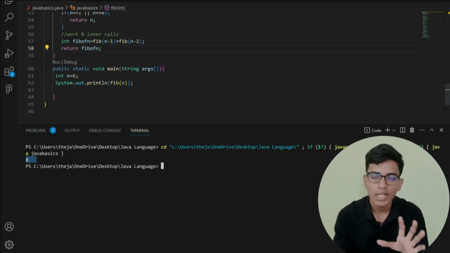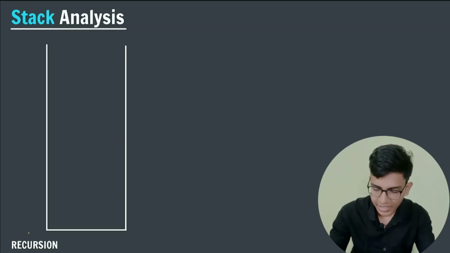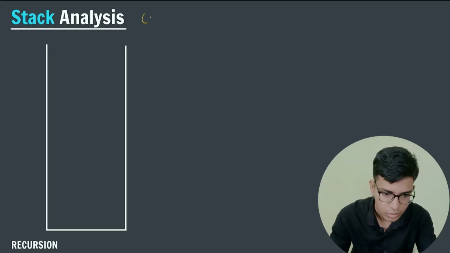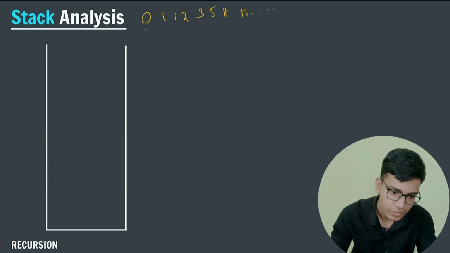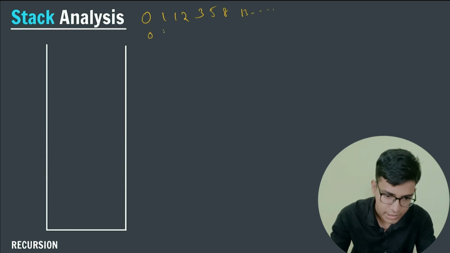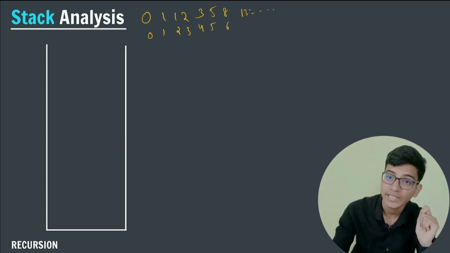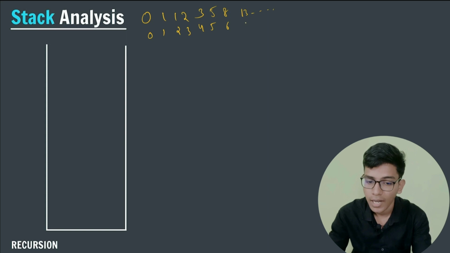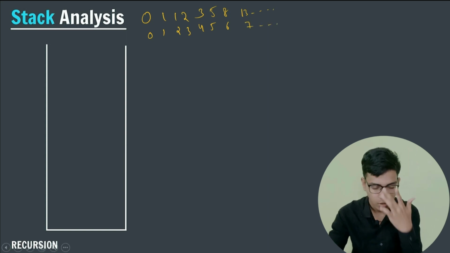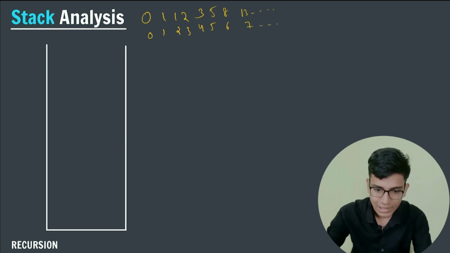Now let us do a stack analysis for this. These are my Fibonacci numbers: 0, 1, 1, 2, 3, 5, 8, 13 and so on. This is my 0th term, first term, second term, third term, fourth term, fifth term, sixth term, and in the previous code we found the 6th term, that is 8. Now let me print the code here.